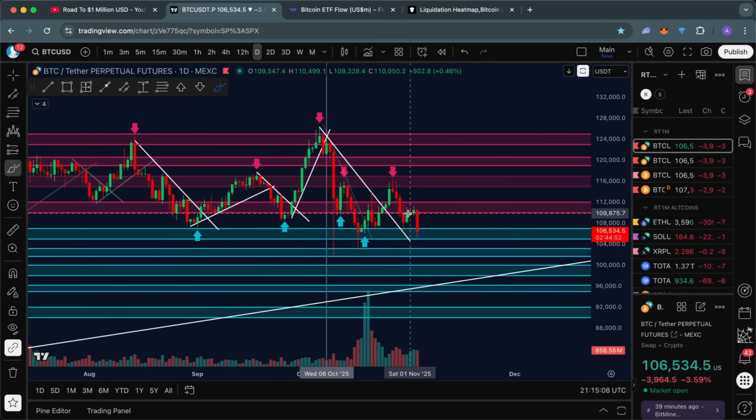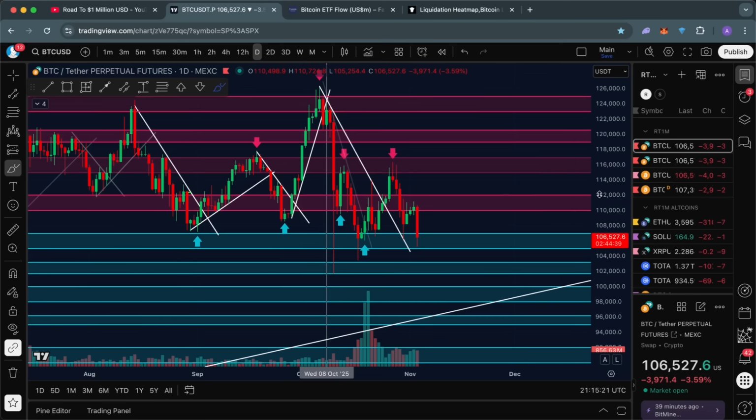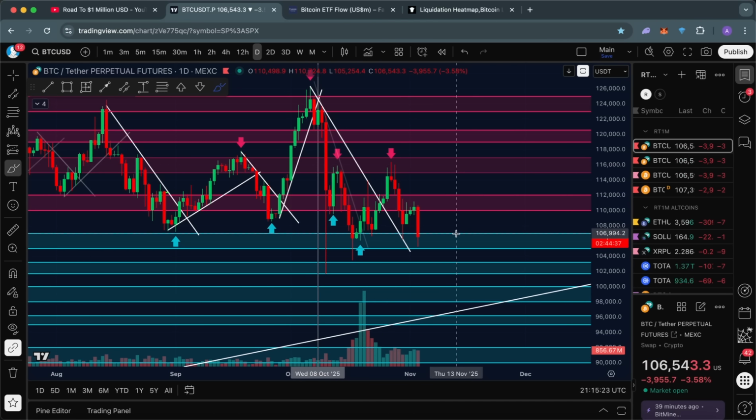Besides that, you can see a clear rejection from this area of resistance on the daily time frame from 110 all the way up to 112K, with us falling immediately into this next area of support below, starting from 107 all the way down to 105K. If we really start breaking down below 105K, guys, the next area of support below is heading from 103 all the way down to 101.5K.